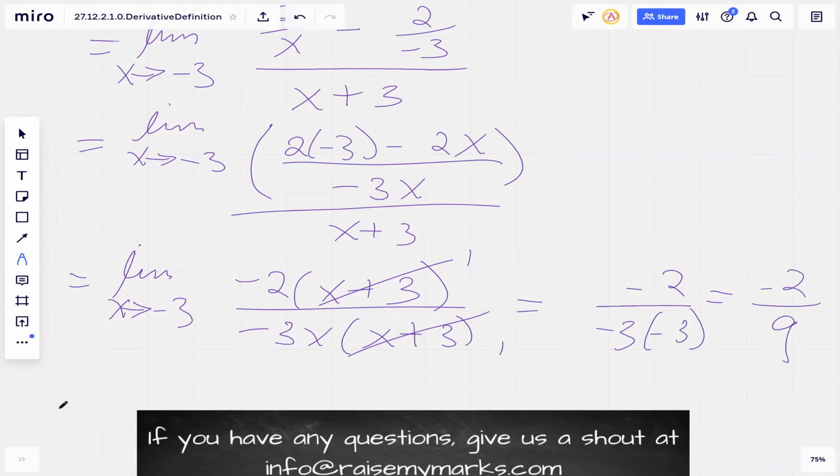Good. So we've used the definition of the derivative to find the derivative of a function, both at a general point x and at a specific point. In this case, x equals -3.